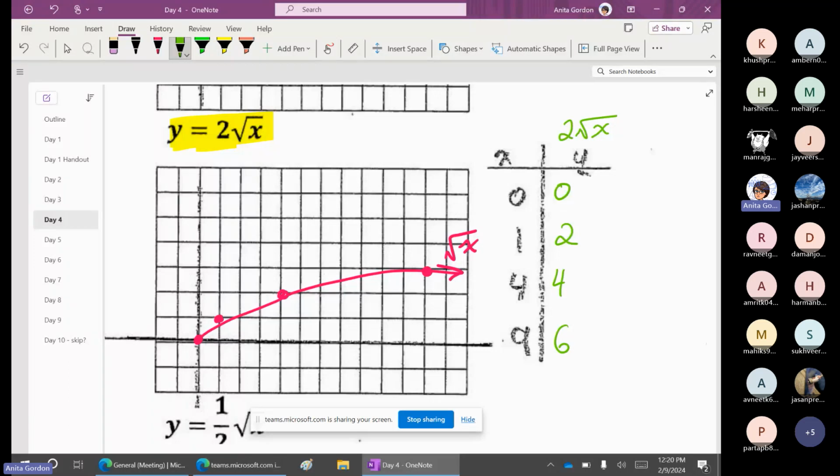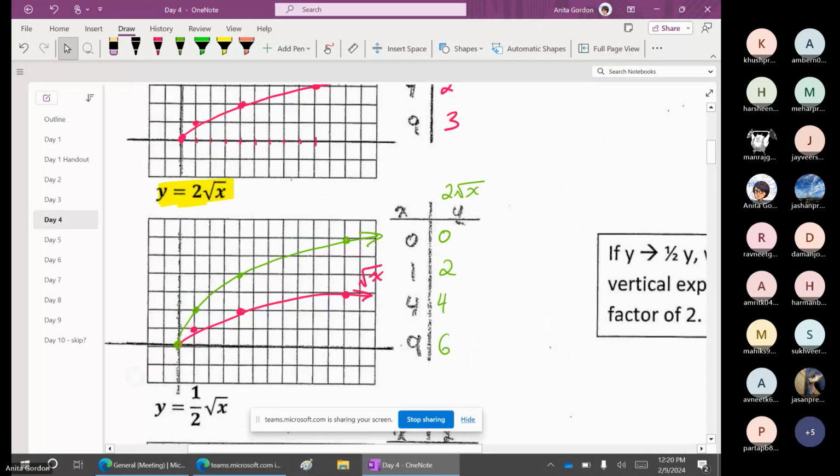So let's graph these points. 0, 0. 1, 2. 4, 4. 9, 6. I have not changed my x values. I have simply stretched my y values. Okay, so I've essentially made my graph taller.